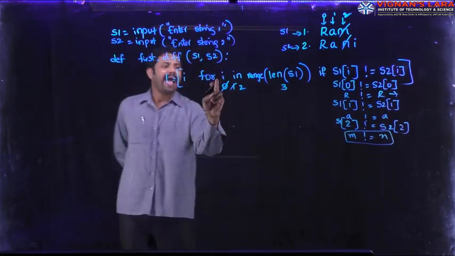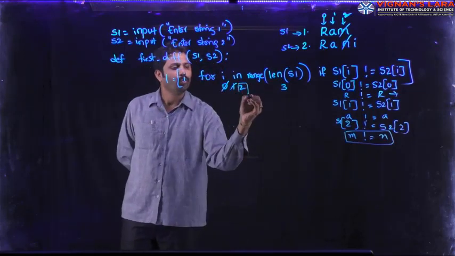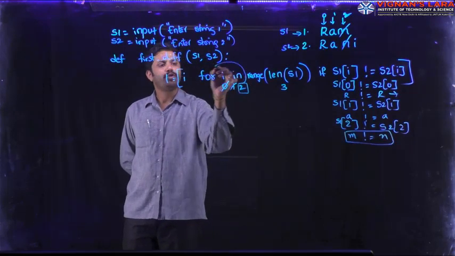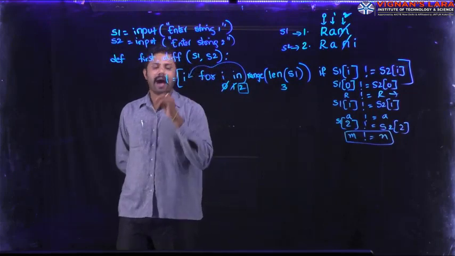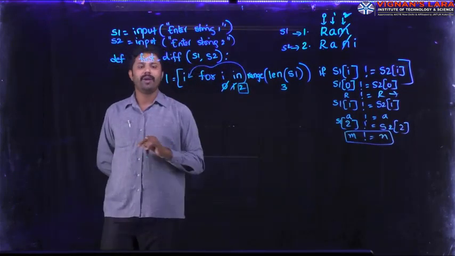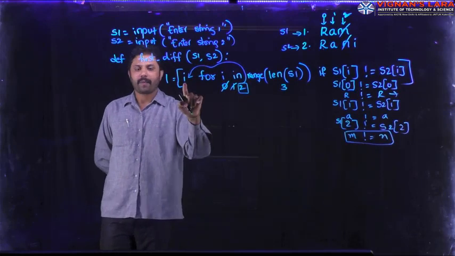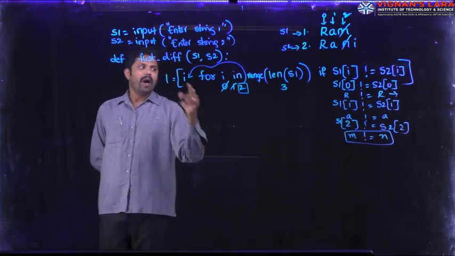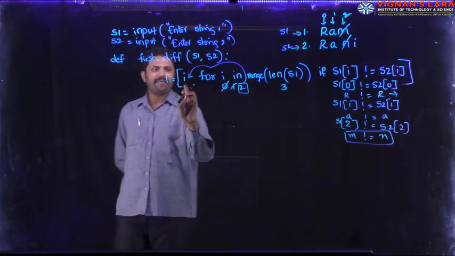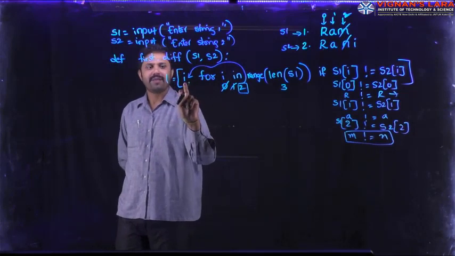Then what is the I value? 2. This I value is going to be stored in the list. So this is the value that you want.